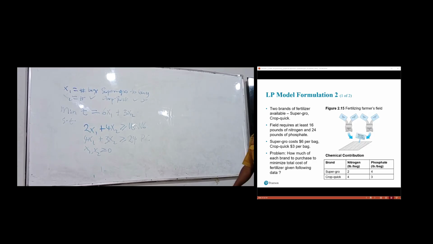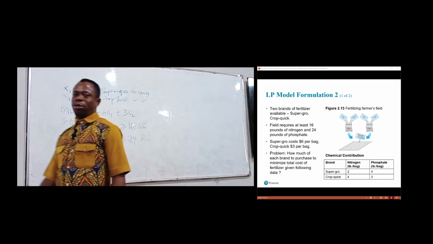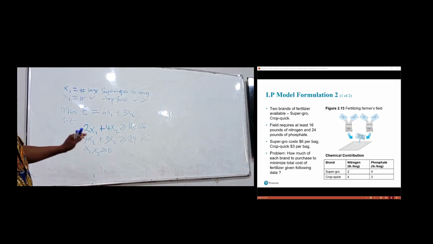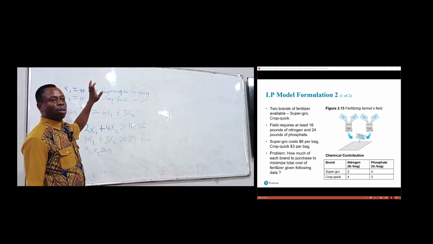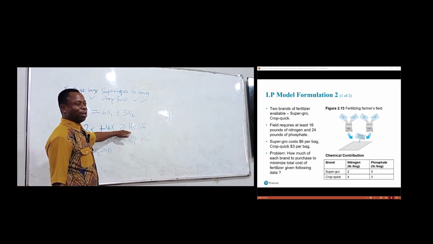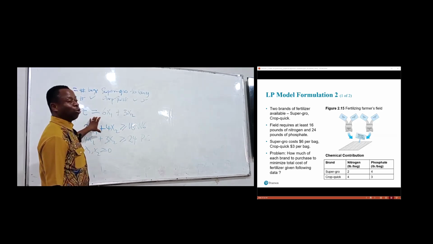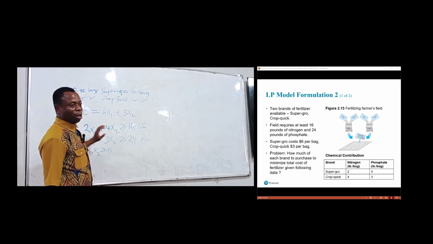But look at it this way. Here, we are trying to minimize. Unlike the maximization constraint, where we can just say this is equal to 16, this is equal to 24, and then we solve for x1 and x2, and we say that that's the answer, here is not the case.